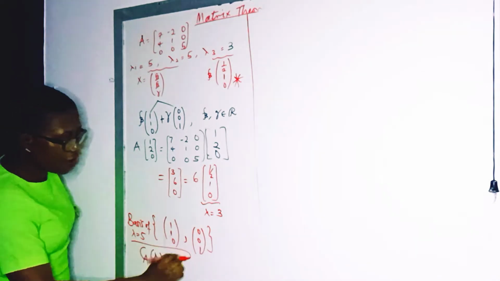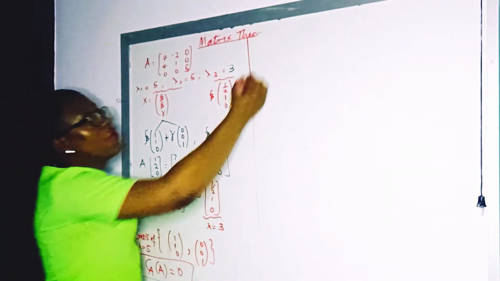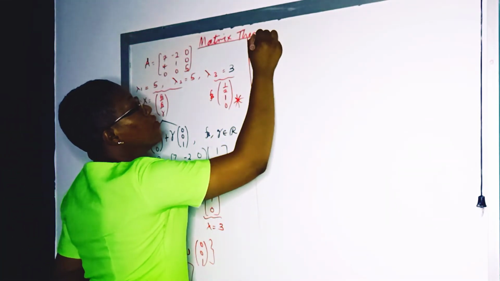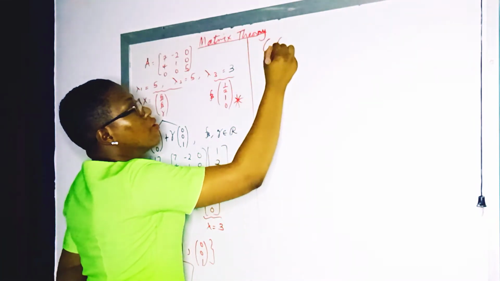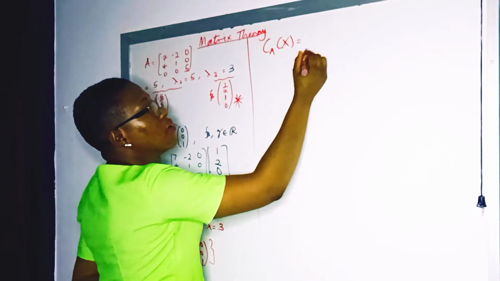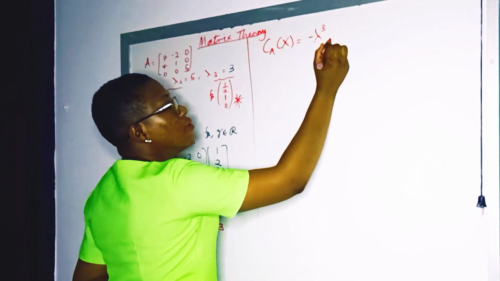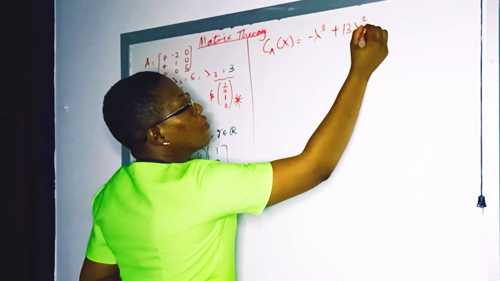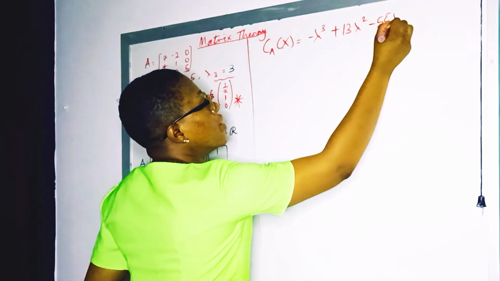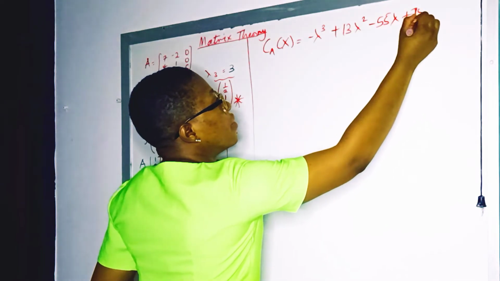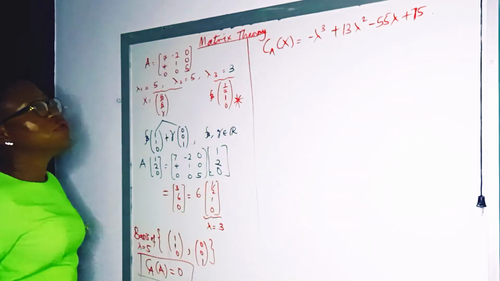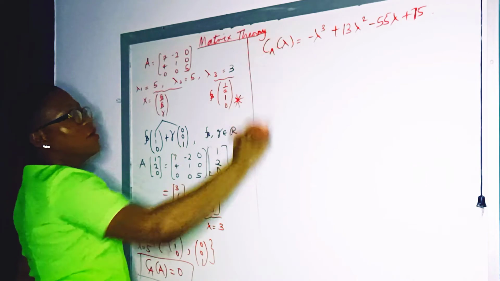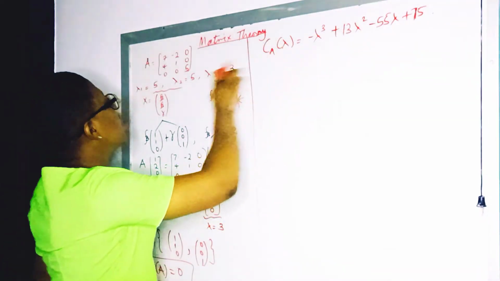This is what we need to verify. But we got that the characteristic equation is minus lambda cubed plus 13 lambda squared minus 55 lambda plus 75. So we need to change lambda to the matrix A.